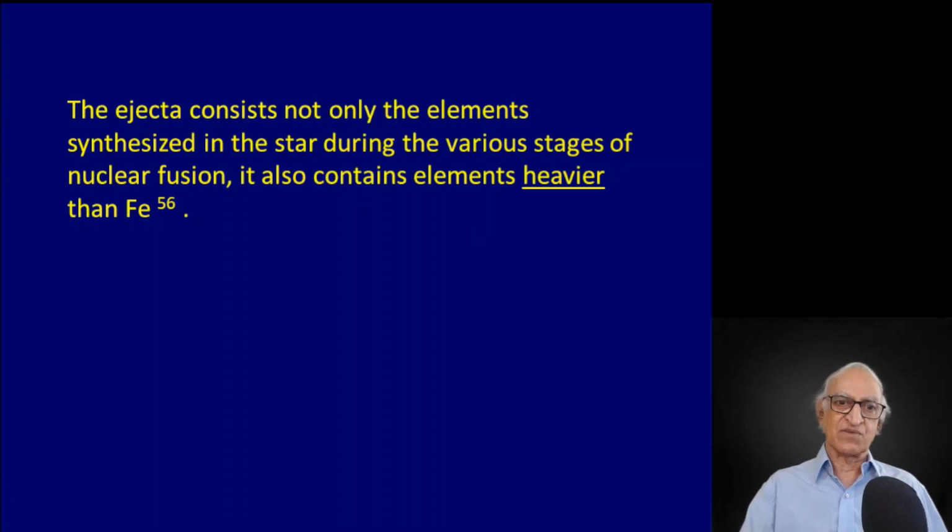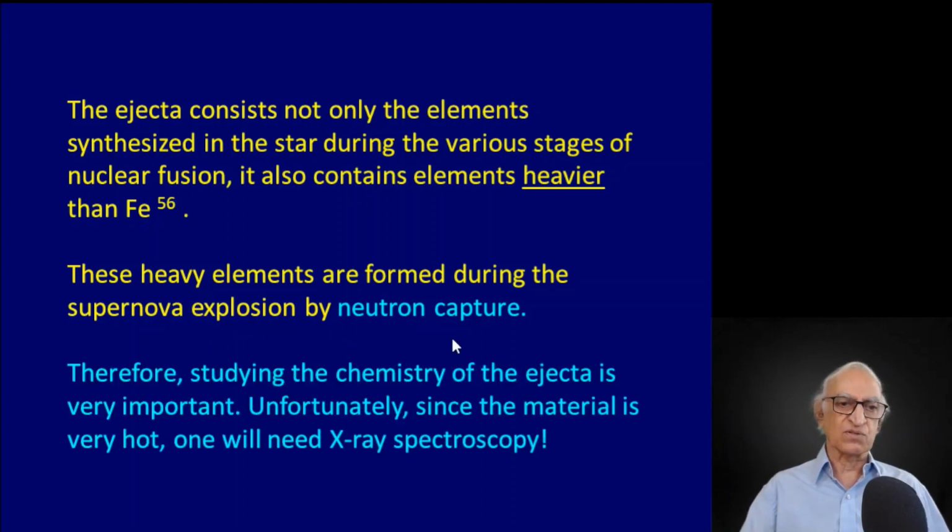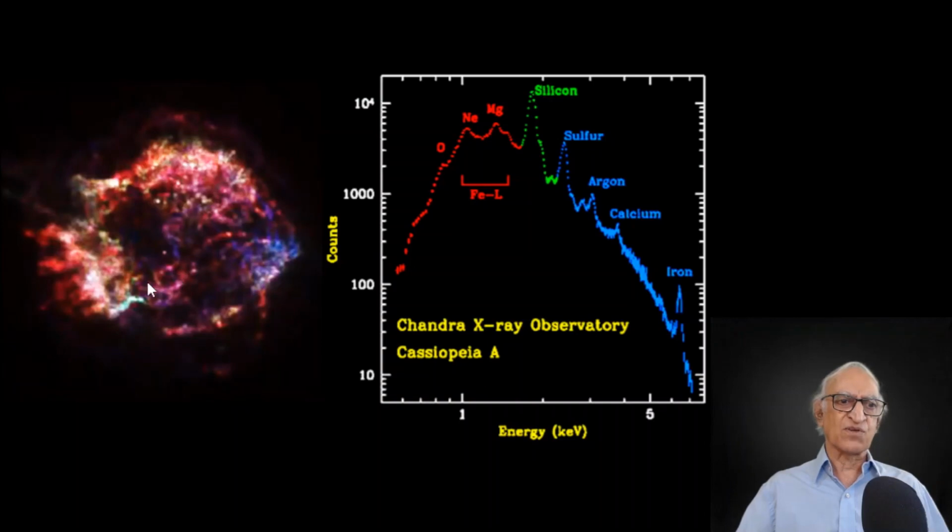So the conventional belief is that these were synthesized when the star actually exploded. I shall discuss that in my first lecture on cosmology, so we shall not pursue this any further. Now, those elements are synthesized by capturing neutrons in a very rapid process. Now, let us look at what observation of this Cassiopeia A with the Chandra X-ray Observatory tells us.